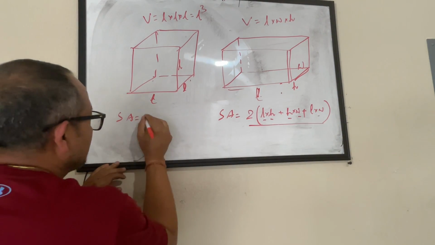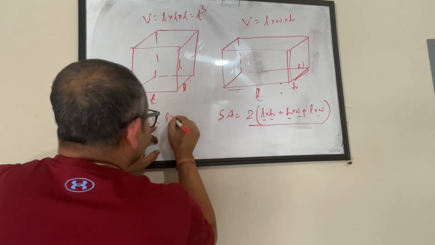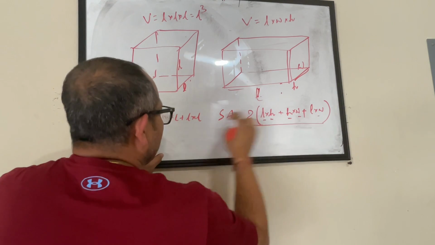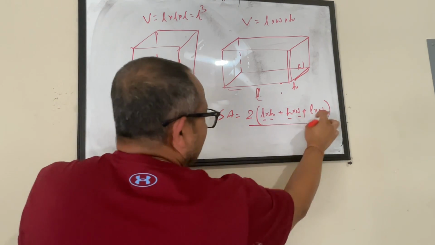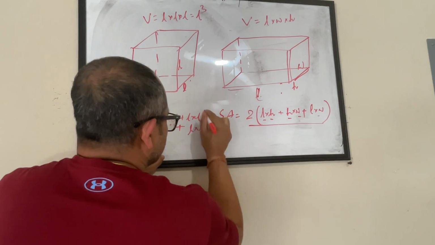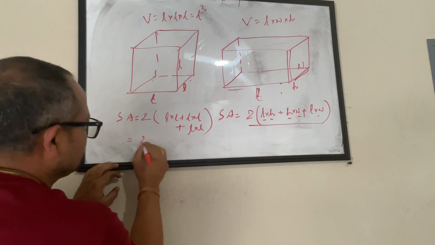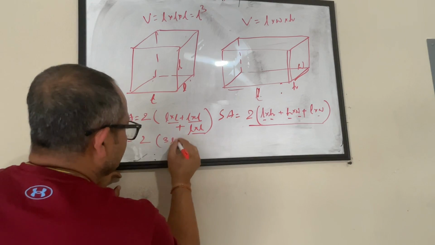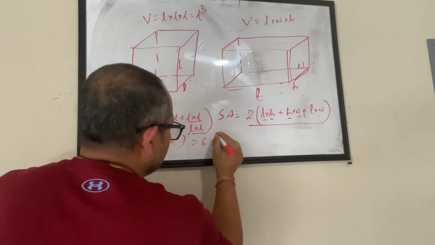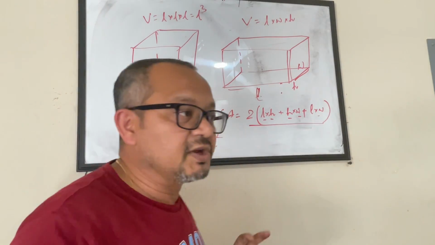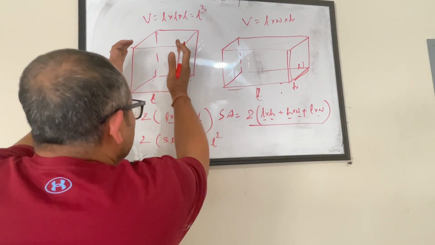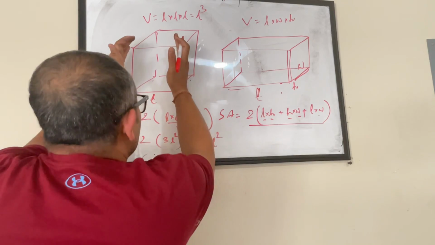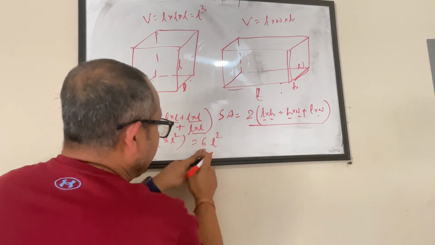You can say 2 times length into length plus length into height, which is again length into length, plus length into width, again the same. So it becomes 2 times length squared plus length squared plus length squared, so 3 length squared, which equals 6 length squared in total. Or you can say there are 6 identical squares, so 6 times the area of 1 square.